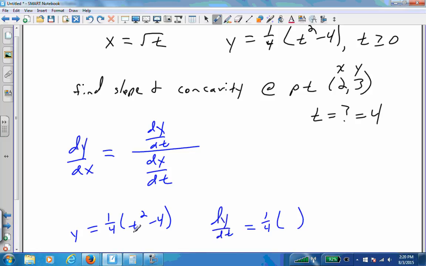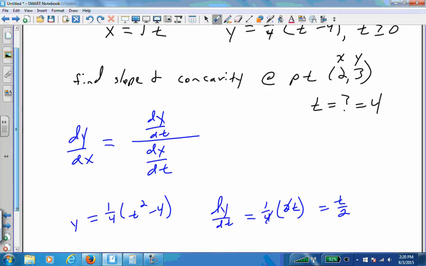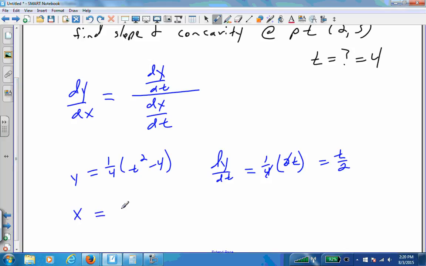What's the derivative of the parentheses? 2t. The 2 and the 4 reduce, giving us t over 2. So that's dy over dt. x is the square root of t, also known as t to the 1/2. So what is dx dt?